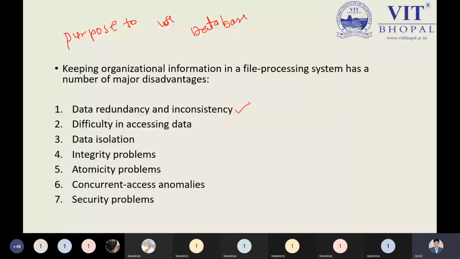So you can store your information in the database rather than the file system. These disadvantages show why a database is required. That's why I put the heading purpose to use a database. The first point is data redundancy and inconsistency. Who wants to explain this concept?